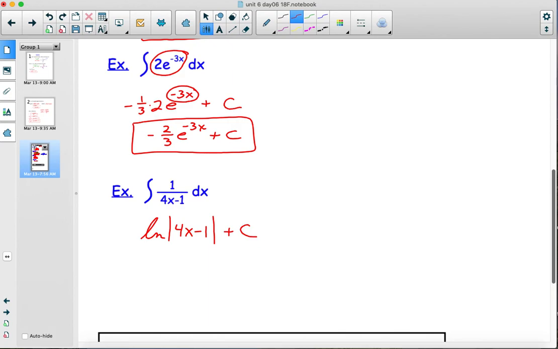If I differentiate this, the derivative of natural log of something is 1 over something, but then with the chain rule times the derivative of the inside, what's the derivative of 4x minus 1? Just 4. So I need to offset that by multiplying by 1/4. And there's your final answer.